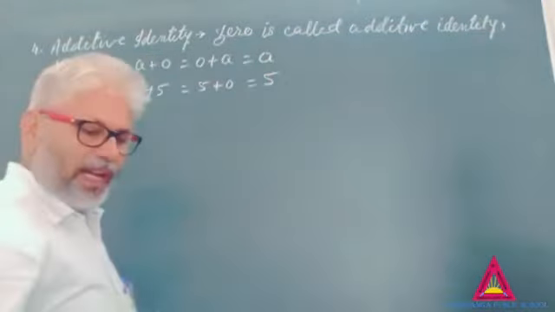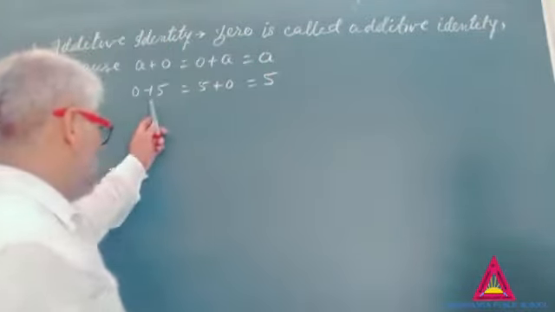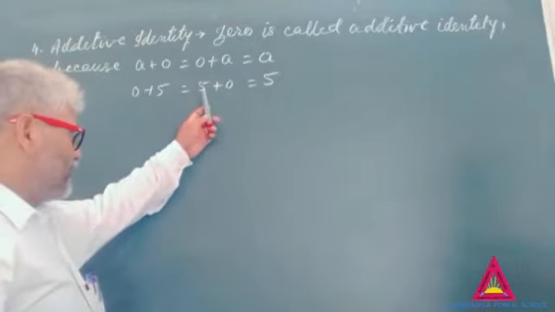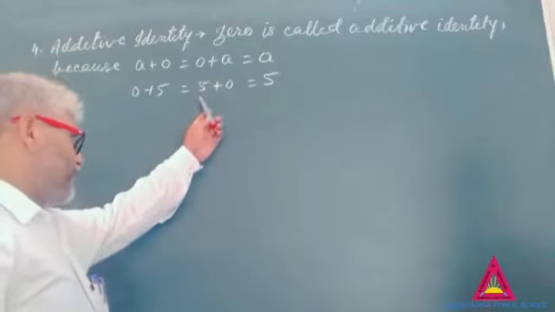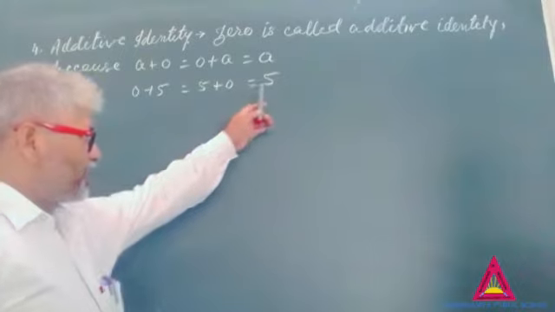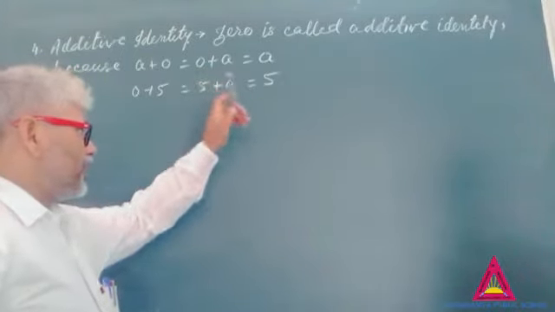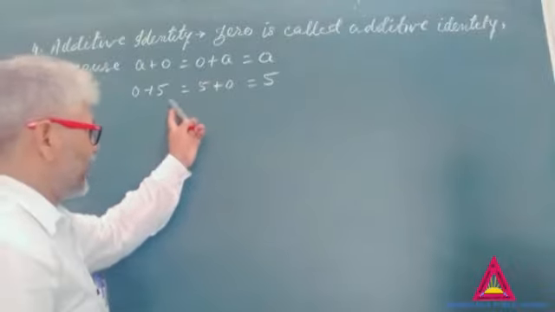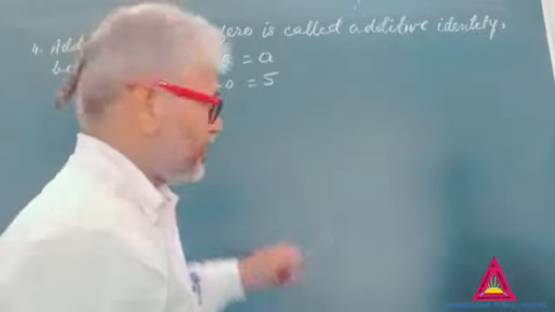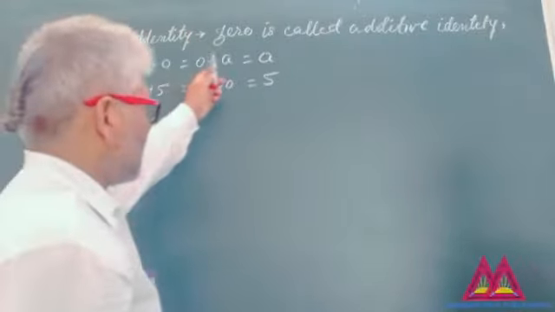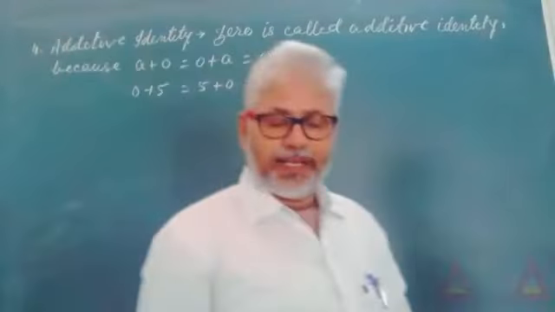So when we add 0 to any number, or add any number to 0, in both cases we obtain that particular number only. This 0 does not bring any change in the case of addition with any number. That's why we say 0 is the additive identity.